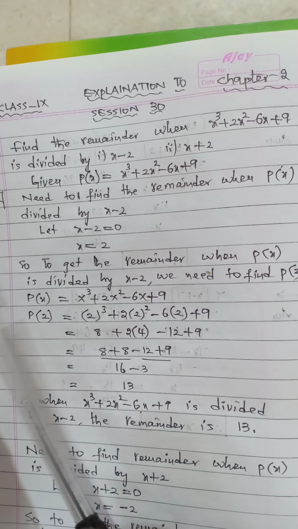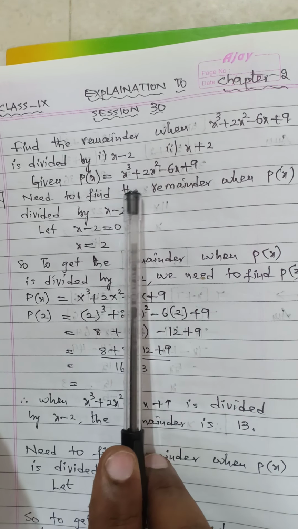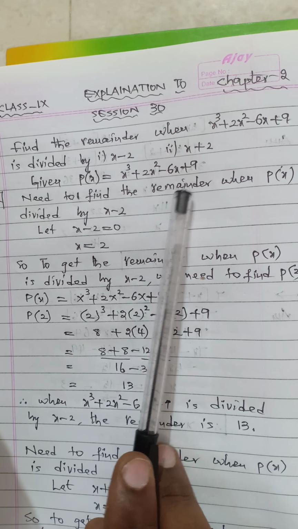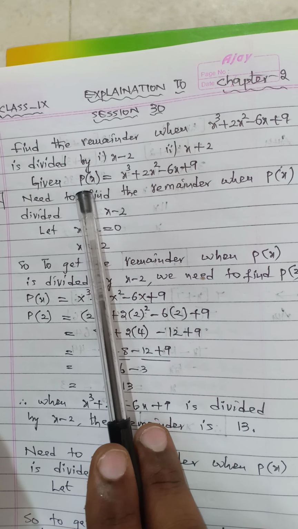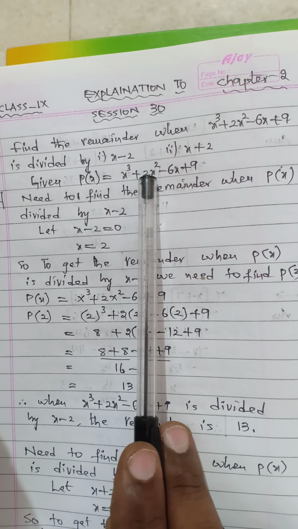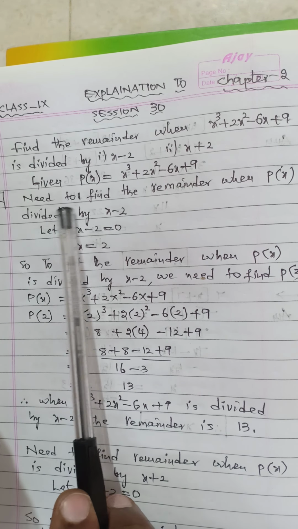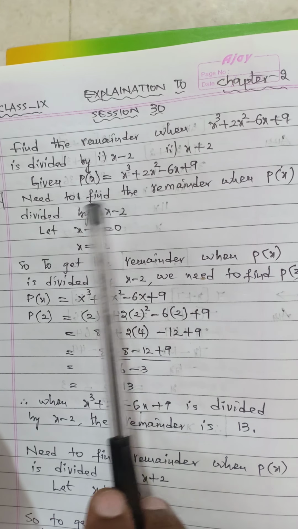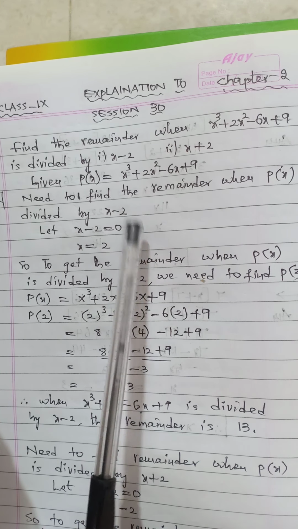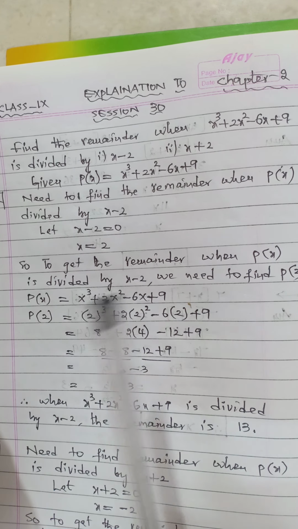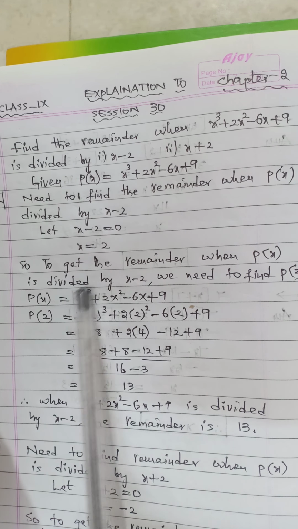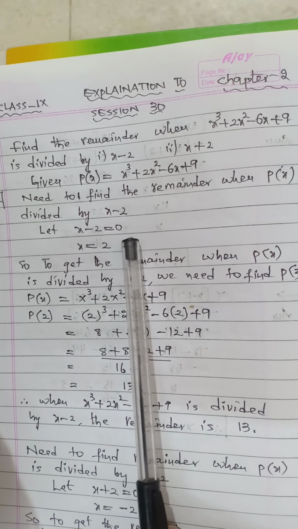So let the given polynomial be p of x. P of x is equal to x cube plus 2x square minus 6x plus 9. The question is to find the remainder when p of x is divided by x minus 2. Let x minus 2 be equal to 0.